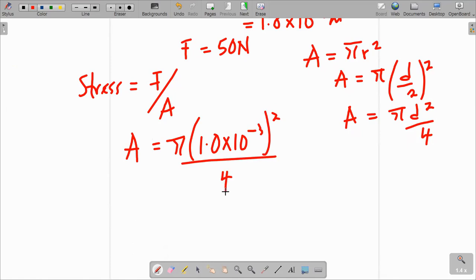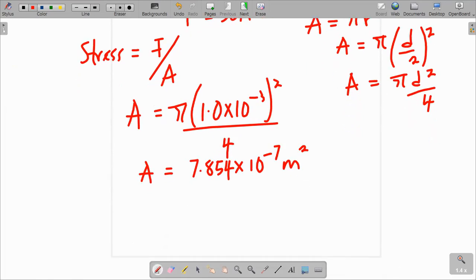If you punch this in your calculator, the area is equal to 7.854 times 10 to the power of minus 7. This is the value we use in solving for our stress.